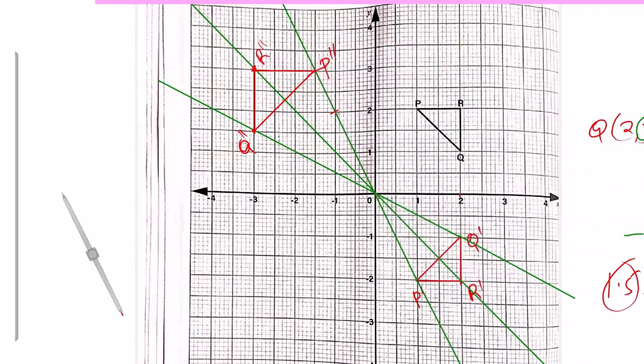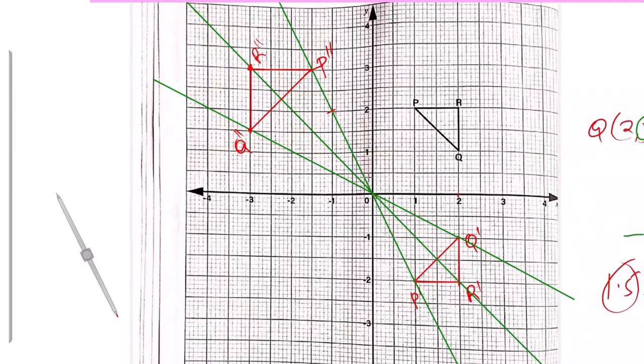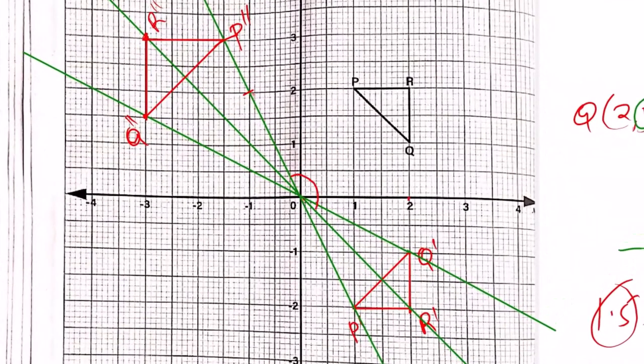Now to rotate P double prime through 180 degrees about the origin, you just need to count the number of squares, or take that distance from P double prime to the origin. For me, I'll just count the number of squares from P double prime to the center. 1, 2, 3, 4, 5, 6, along that straight line, because 180 will be a straight line for all of them.